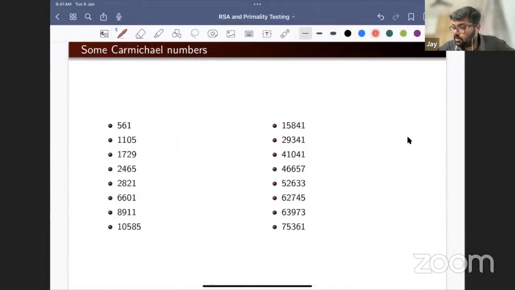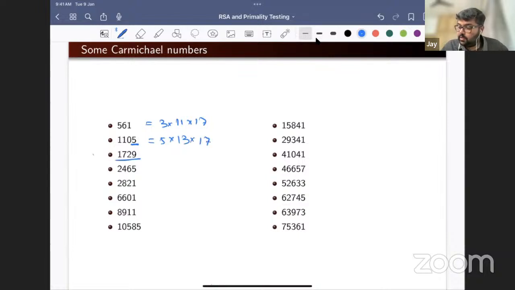One interesting number is 1729, Ramanujan's number. Right? And this is 7 into 13 into 19, a composite number, but it does not give any witness.